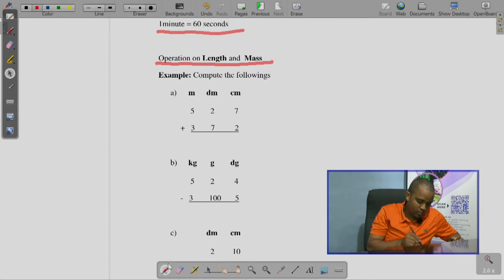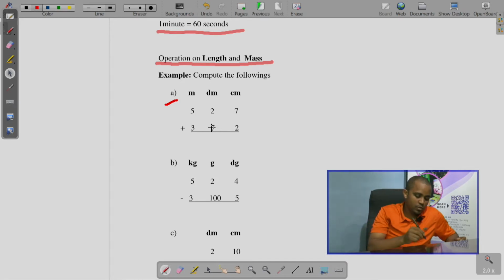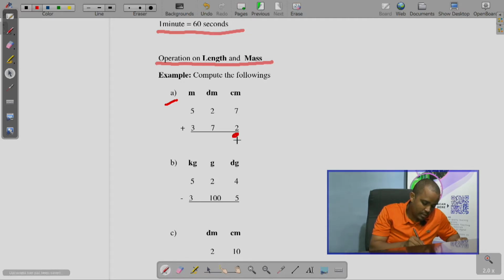So let's start with Roman A, where we are required to perform addition. If you add 7 and 2, the answer will be 9. Also, if you add 2 and 7, the answer will be 9.